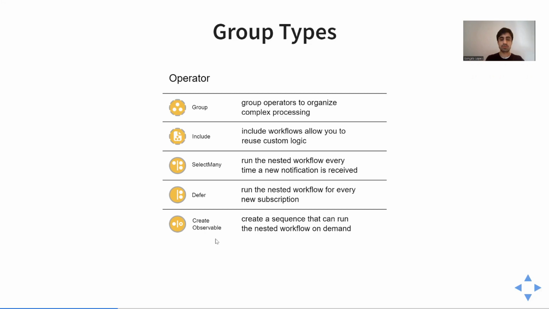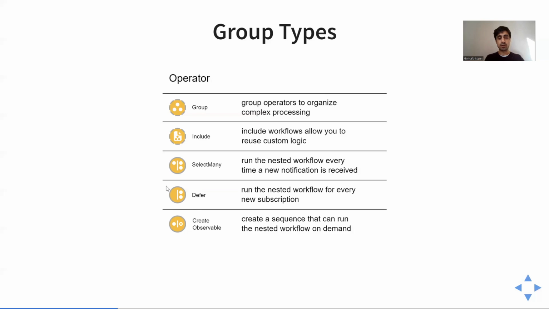We talked about different kinds of reactive functions, and these are not all of them. There's several of them that you can find in the group. But we did discuss create observable, for example, which allowed us to create a sequence from a value, but we don't run it. And then we saw that we could use downstream operators like concat or merge or switch to actually run those sequences we create.